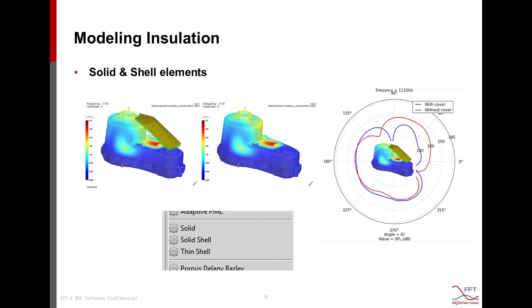So in this example, the acoustic field, which is not visualized here, is modeled in Actran surrounding this gearbox. Both this acoustic field and this solid component are modeled using finite elements in Actran. So this shows the modeling of insulation in Actran.